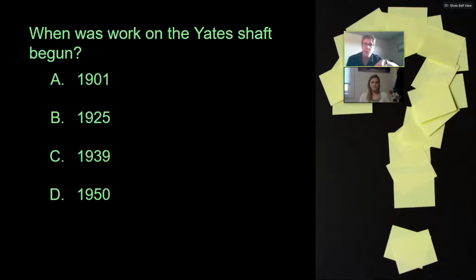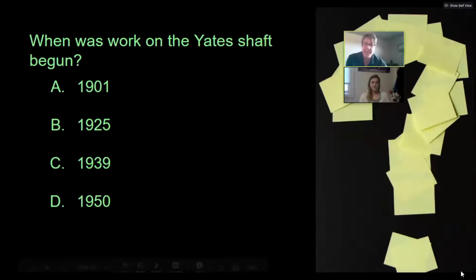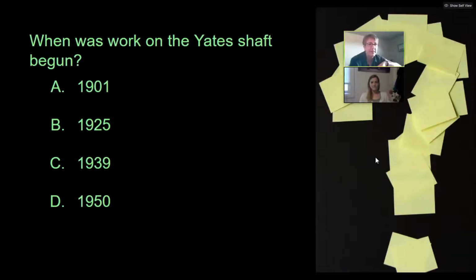When they began work on the Yates shaft, they already had some tunnels, which are actually called drifts. In those drifts, they burrowed over and started at the bottom of the Yates shaft and then worked their way up, which was really interesting to me. I didn't realize that's how shafts were built.